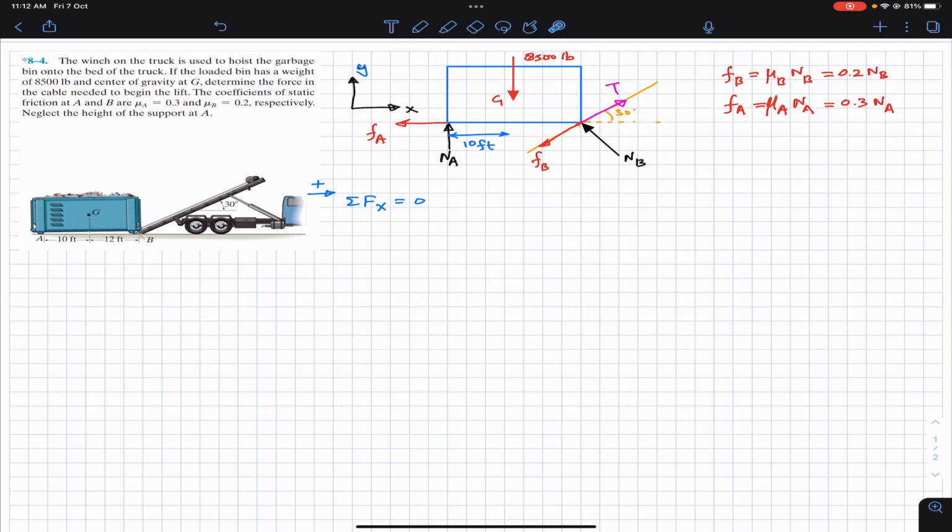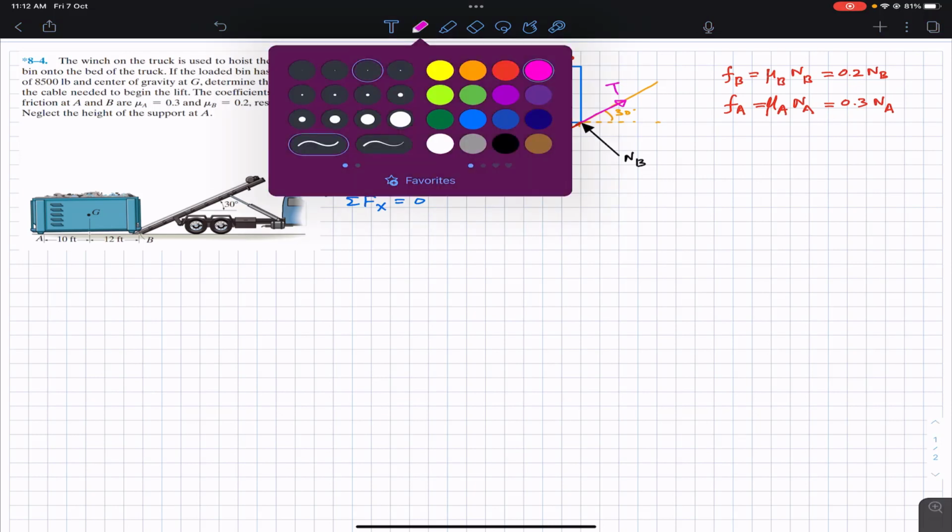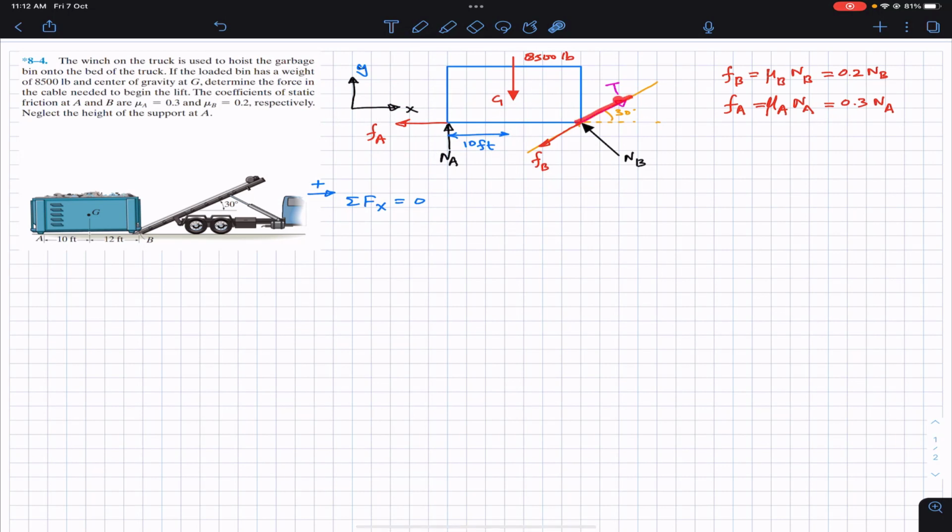Now we can resolve the tension applied by the cable into its components. One component will be the cos component, so this will be T cos 30, and one component will act in the upward direction like this. This one will be the sine component, so we can say that this is T sin 30.